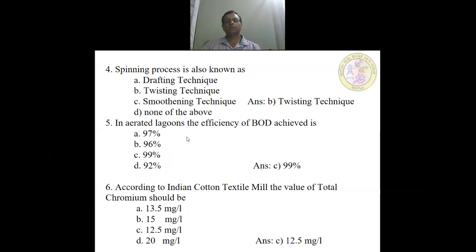Aerated lagooning is another process of biological treatment where you remove 99% of BOD. According to the Indian standard for textile effluent, the value of chromium should be around 12.5 milligram per liter.